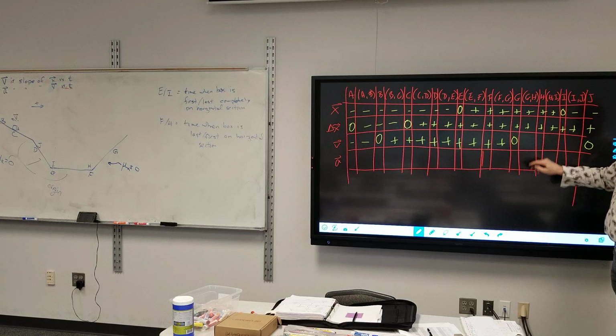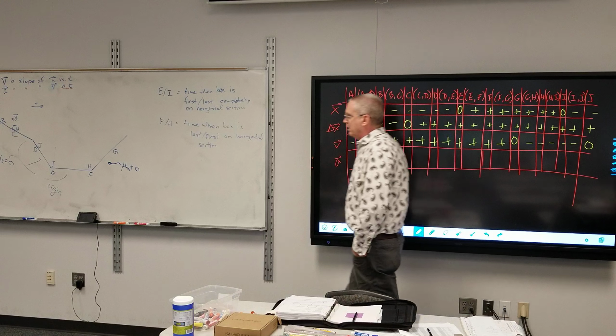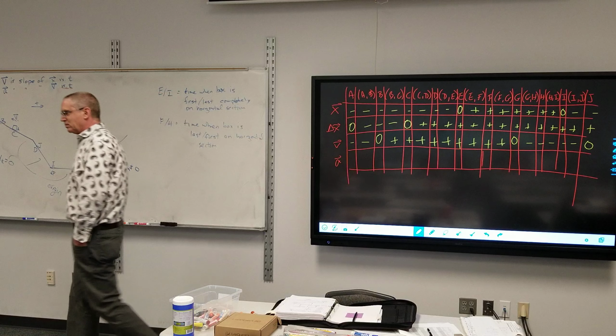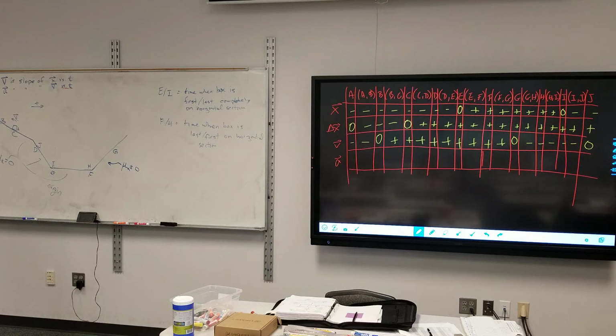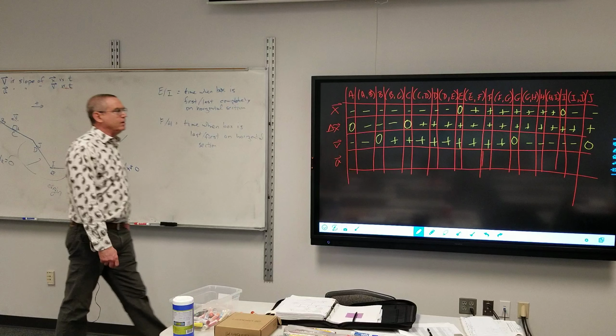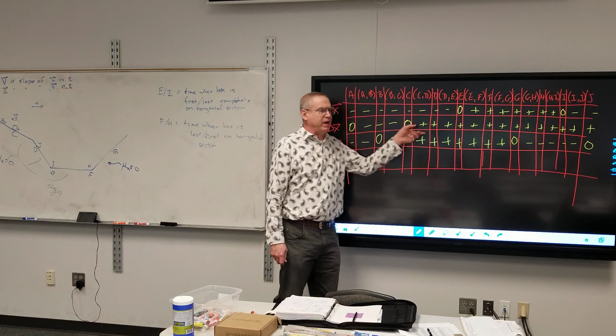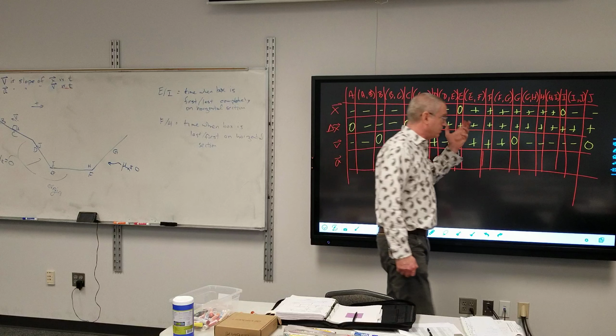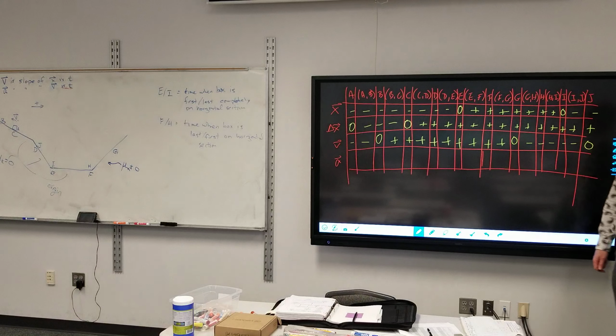Now, notice that in each of these cases, at 0, it did pass from negative to positive. It's not always going to do that, but it does in these cases. If it is going to go from negative to positive, it has to go through 0. All right, questions up to here before we tackle the tough one?